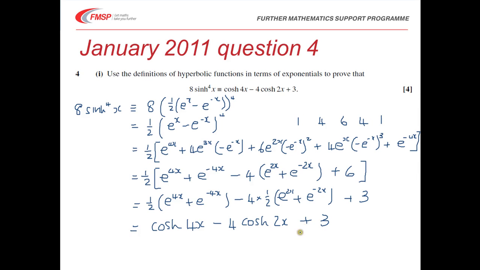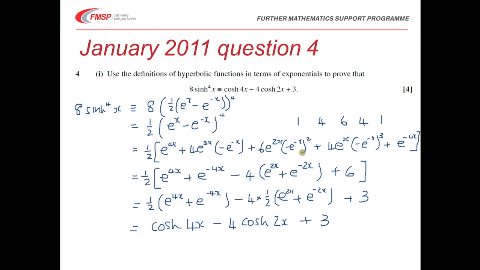So you do have the answer, and you have to show it to prove it. So just be very careful that you do show all the working, but on the other hand, you do know what you're aiming at. So in terms of the marks, 1 mark up here for just writing this down here, substituting in for sinh and simplifying it to a half of e to the x minus e to the minus x to the power of 4.